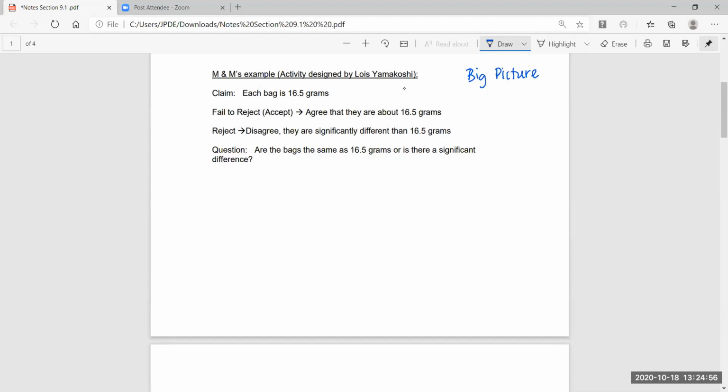And I really like this activity as a way to help you visualize. It's a way for you to step back and look at the big picture of hypothesis testing without worrying about all the little tiny details.